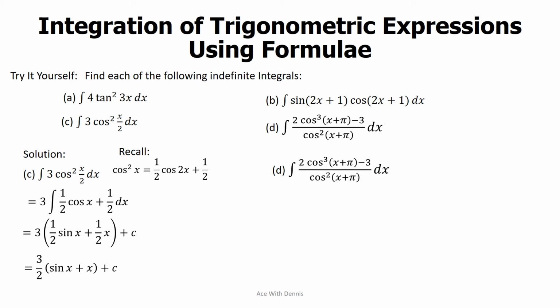For D, notice that there is only one term in the denominator. So we can break this expression into 2 fractions, which becomes integration of 2 cosine cube x plus pi over cosine square x plus pi minus 3 over cosine square x plus pi dx.